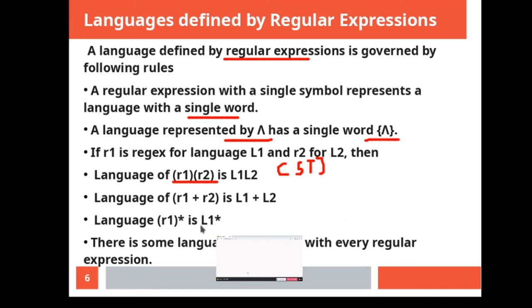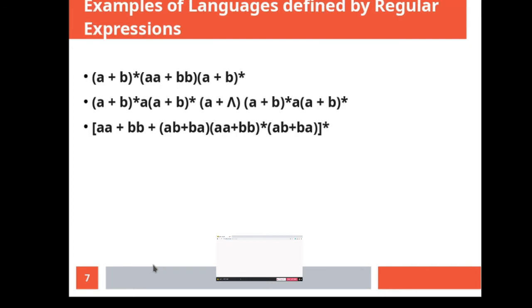Then the language of R1 star is L1 star itself. So a regular expression will always have some regular language associated with it.